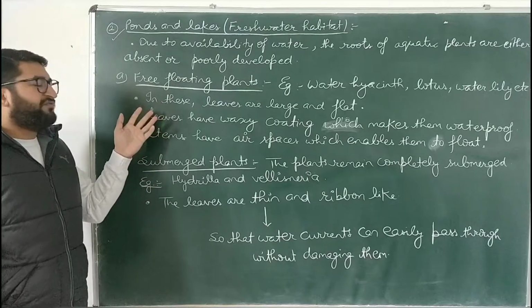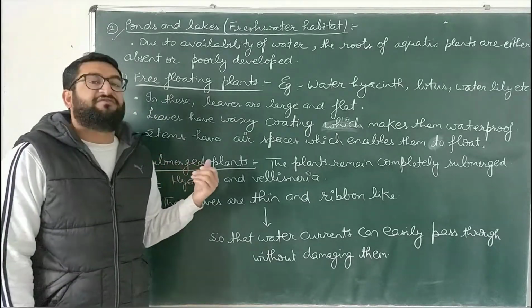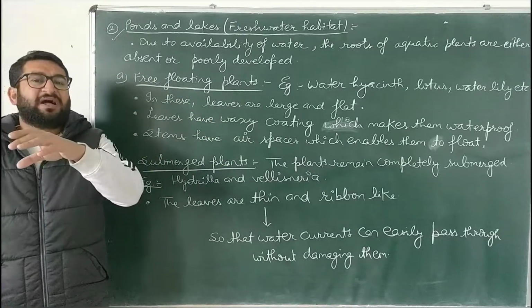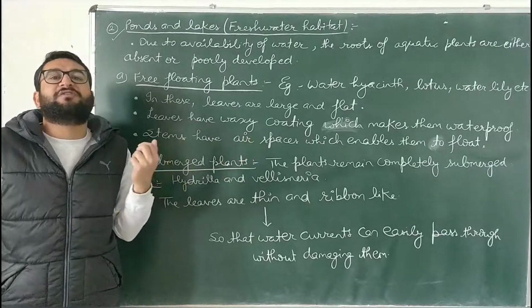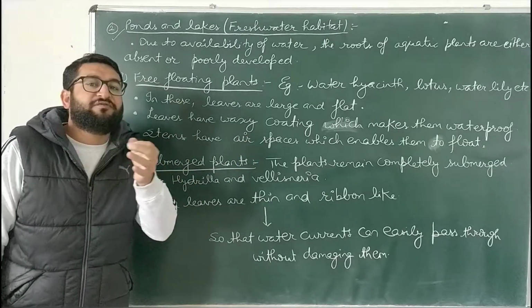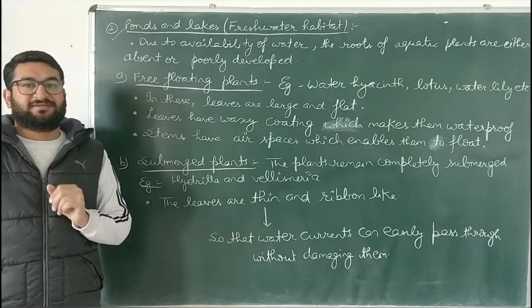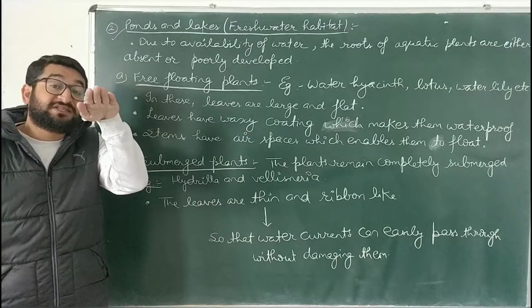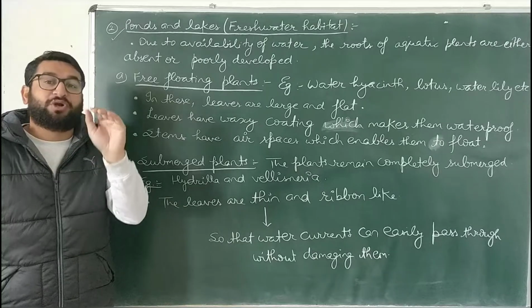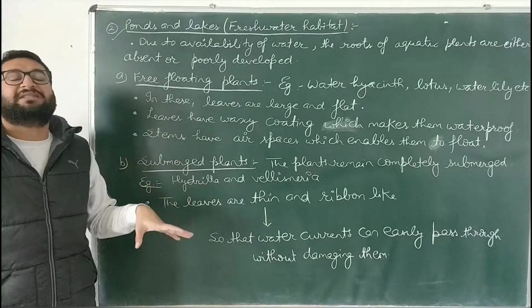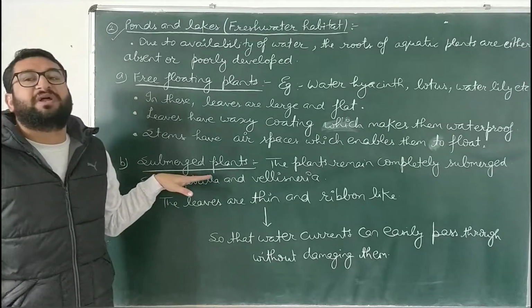So there are 2 kinds of plants found in those regions. The first is free floating plants. As their name indicates, the plants which float freely over the water are known as free floating plants. And the other ones are submerged plants. The plants which will remain submerged throughout their lifetime in the water, completely dipped, डूबे हुए रहते हैं पानी के अंदर, उन्हें हम बोलते हैं submerged plants.